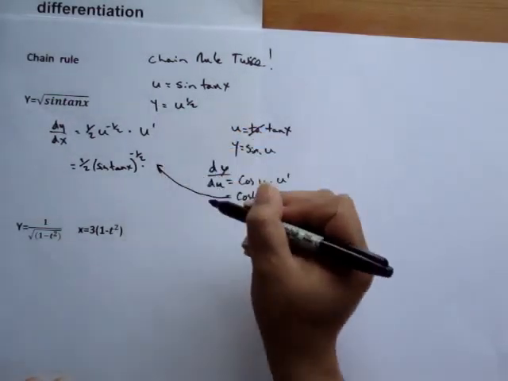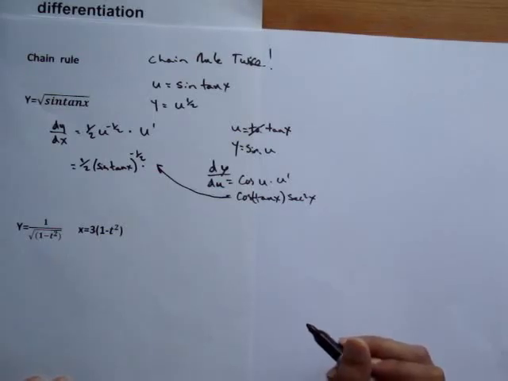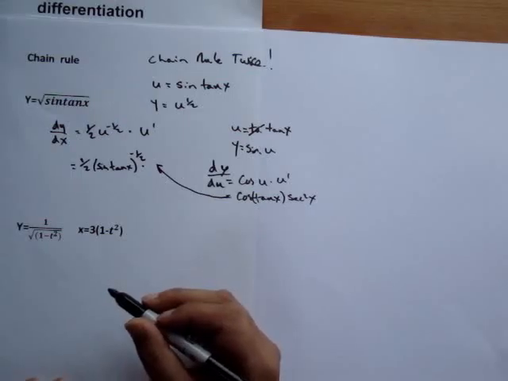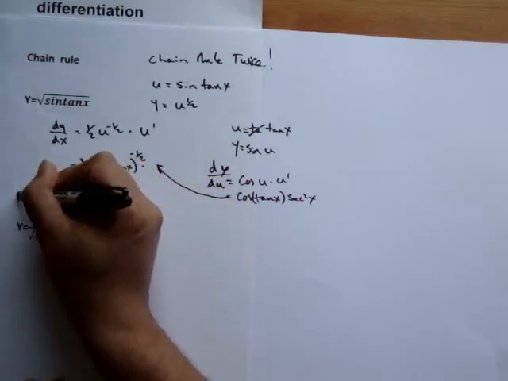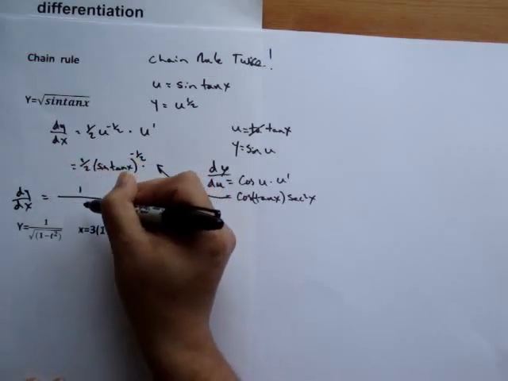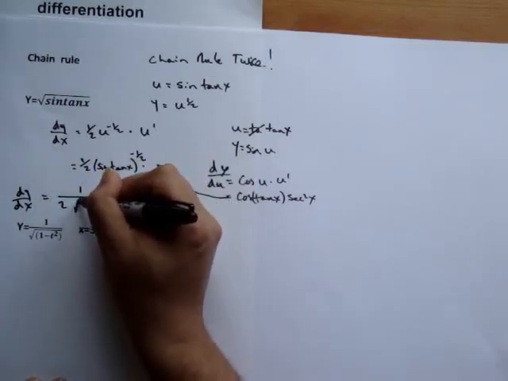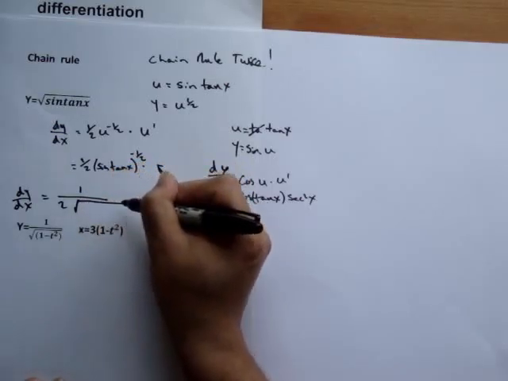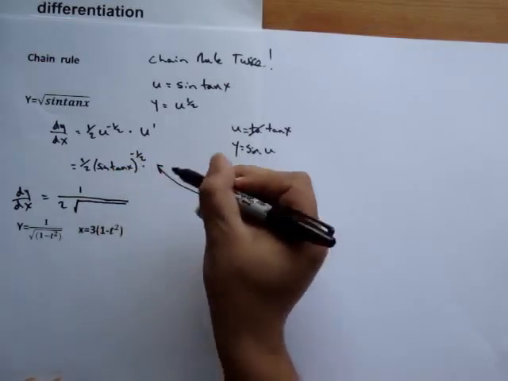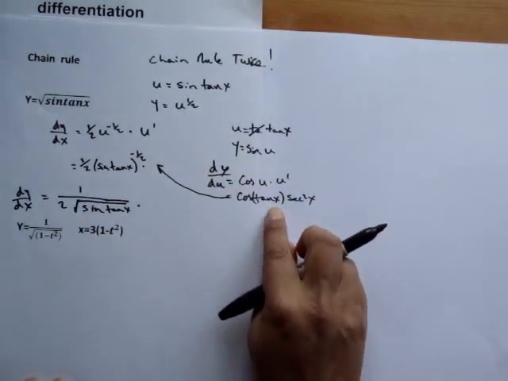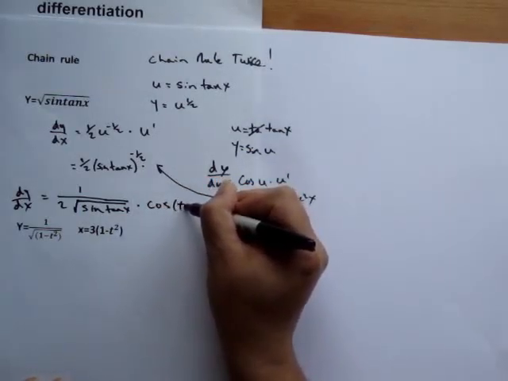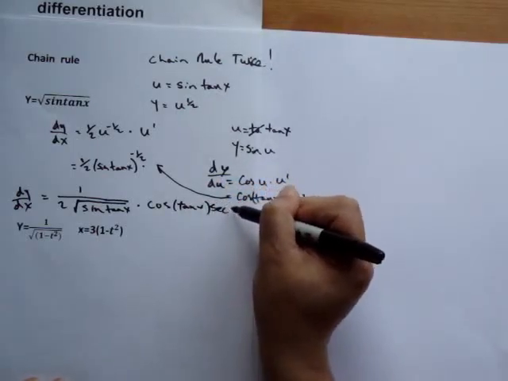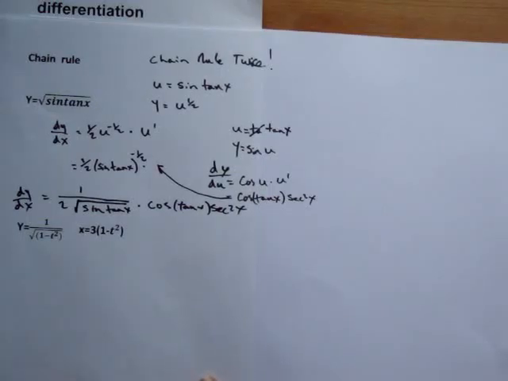So when we simplify, this becomes dy by dx equals 1 over 2 square root of sine tan x, multiplied by this derivative we got over here, which was cos tan x sec squared x, and that is our answer.